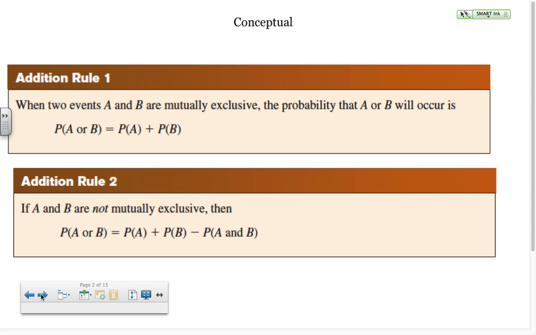Remember, when two events are mutually exclusive, okay, the probability that A or B will occur is the probability of A plus the probability of B. The big word there is "or," and the fact that they're mutually exclusive, that they can't occur at the same time. If they're not mutually exclusive, we still have the word "or," but we have to subtract the probability that both can happen. Now, I want you to notice here, probability of A and B, which is a multiplication rule. A lot of them, you know without multiplying them together, okay?